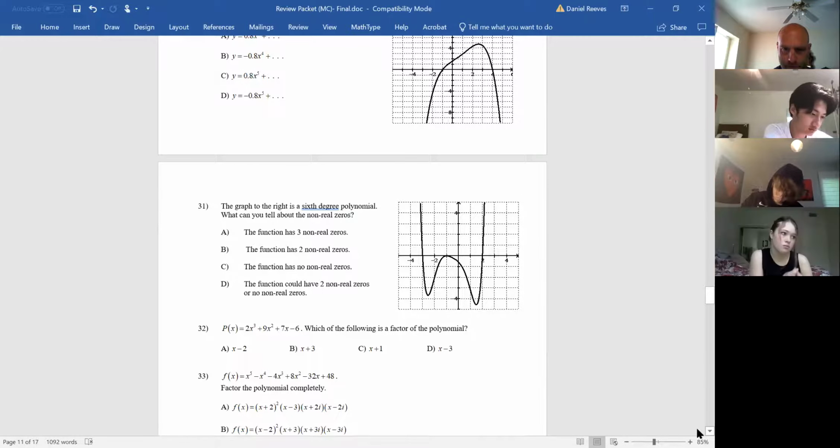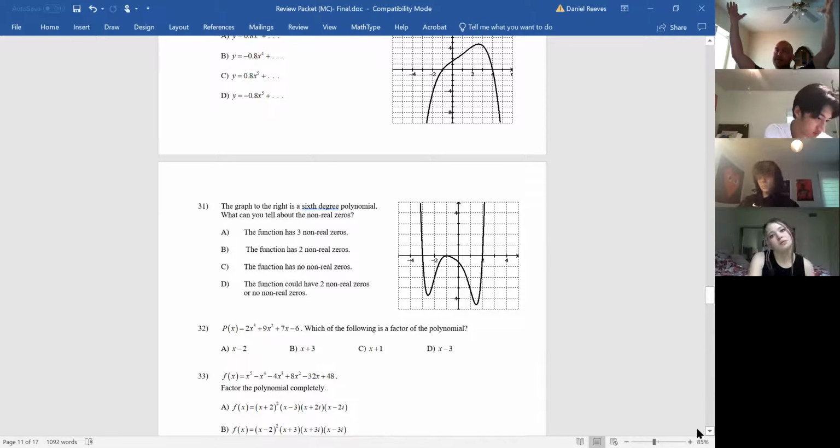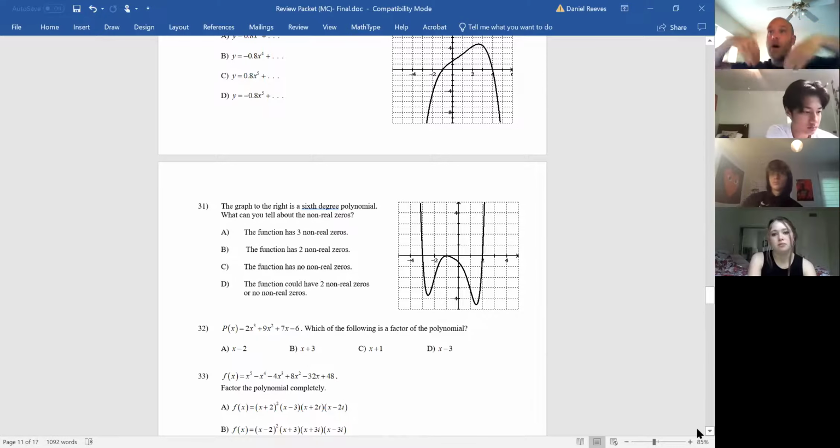How does end behavior sum it all up, like for 30? For 30, remember the end behavior dance. If you have an even lead power, then you either go straight up if it's a positive coefficient, or straight down, both arms down. I don't know if you can see me doing the kind of dance, up or down.